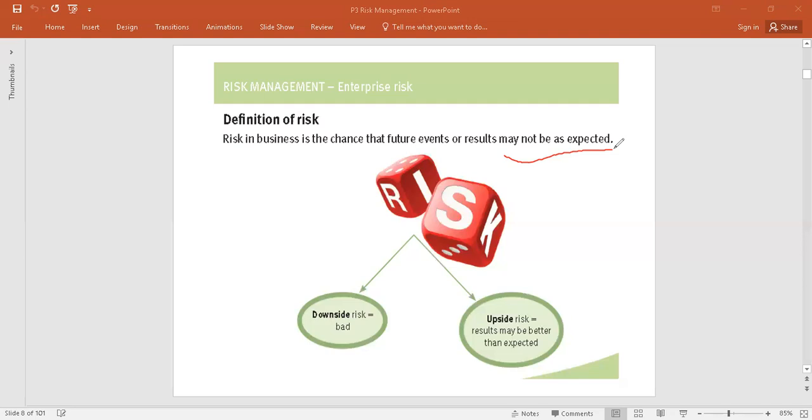Uncertainty could be even sometimes to what extent the variation would be also, if it is not known. See, what would be the variation, what is the probability of the variation, all these things, if they are not possible to be known, then we call such a situation as uncertainty.